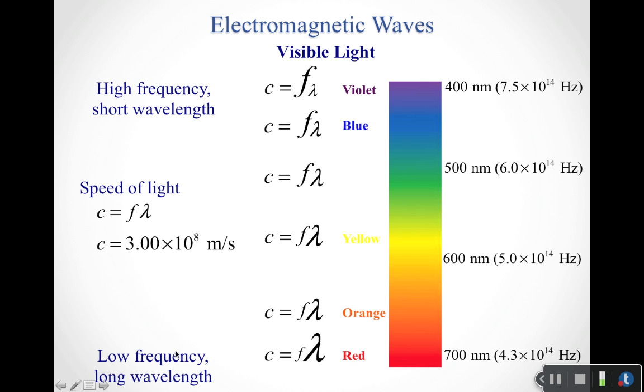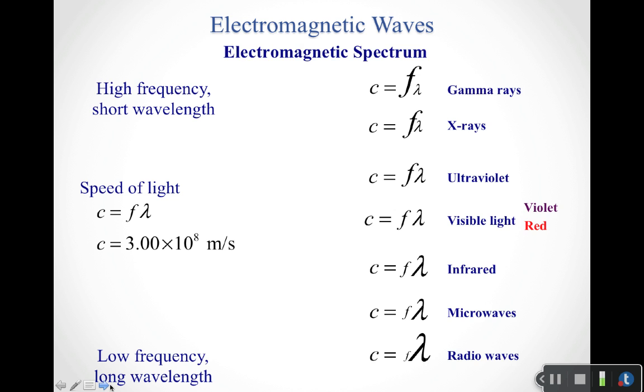And so again, you can see that the violet end is your high frequency, short wavelength. Your red end is your low frequency, long wavelength. And so anything between those two extremes, if it's closer to red, it's got a lower frequency, longer wavelength. If it's closer to violet, it's got a higher frequency, shorter wavelength. Now we said that visible light is just a thin sliver of the total electromagnetic spectrum.